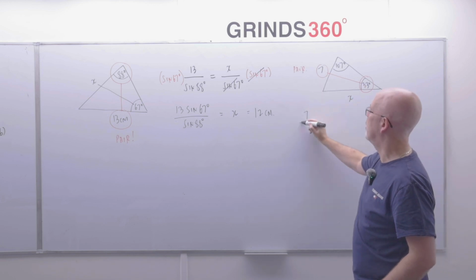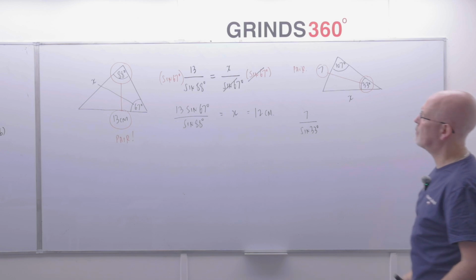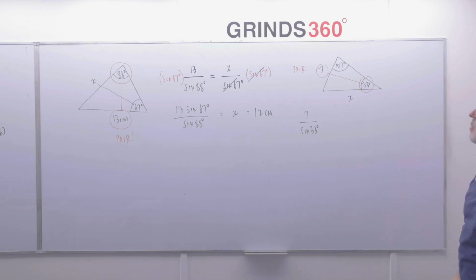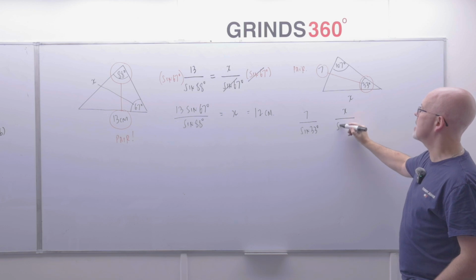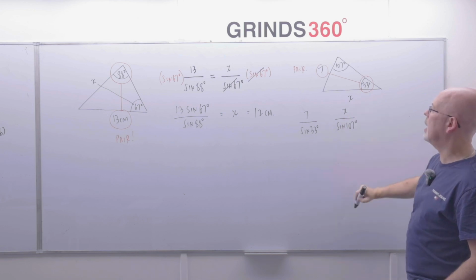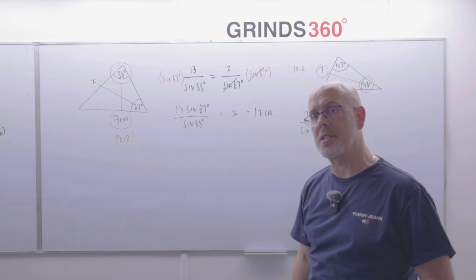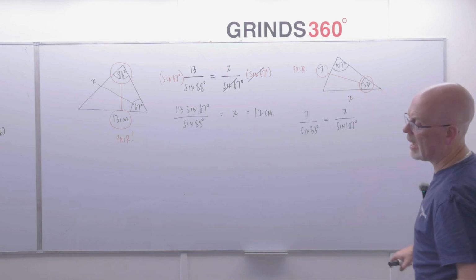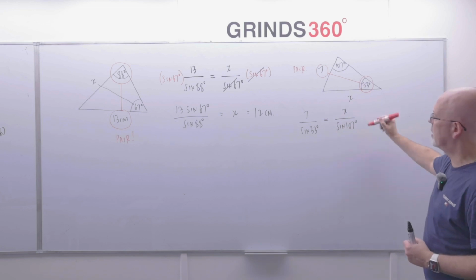So write the pair I know as a fraction, the side on top. So I get 7 over sine 33 degrees. Okay, that's that pair written as a fraction. And here with the side on top, it's x over sine 107 degrees. And remember, the sine rule means that those two fractions are equal. So again, all I've got to do now is multiply both sides by the denominator on this side to remove it.